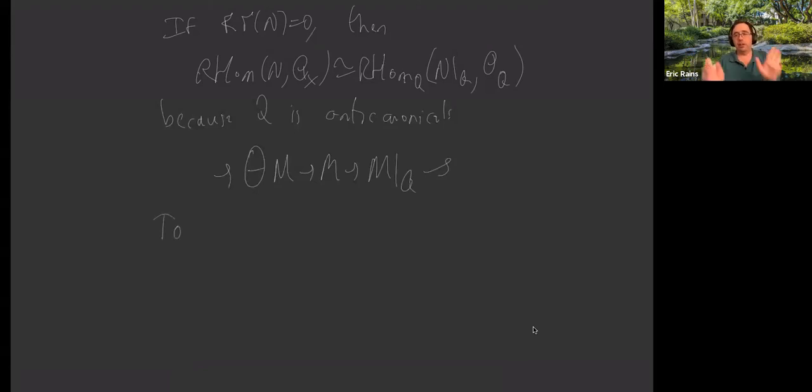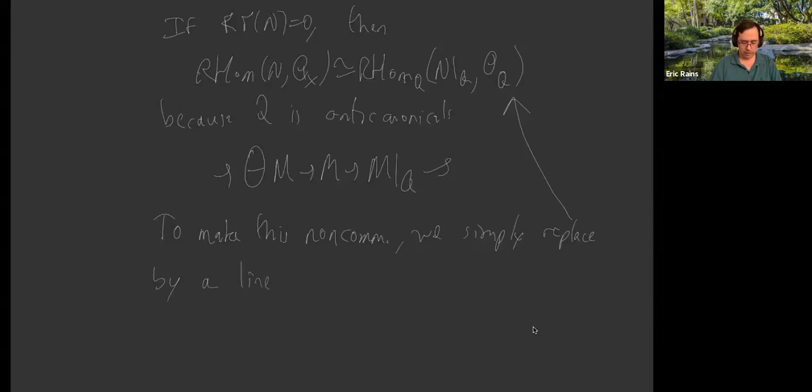Okay, and so this is just something on the commutative surface. So to make this non-commutative, we simply replace this copy of the structure sheaf by a line bundle in Pic, and then use that to glue together the derived category.